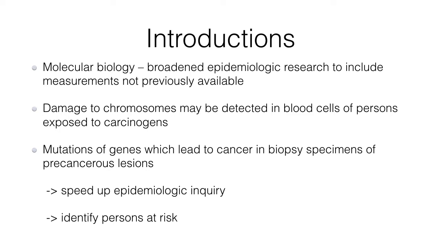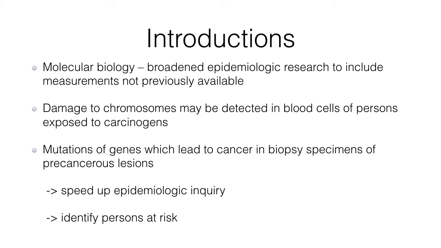Okay, so let me introduce you to the topics. In molecular biology, it broadened epidemiology research to include measurements that are not previously available. And we can also detect damage that happen to the chromosome in blood cells of persons that are exposed to carcinogens.